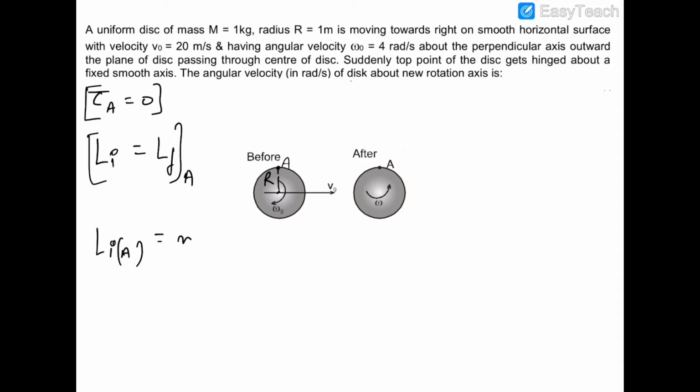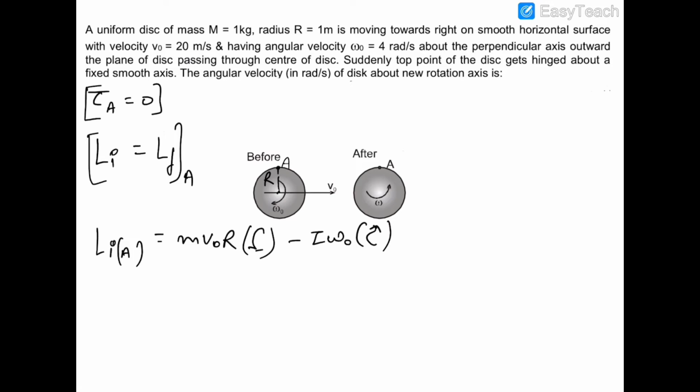But this disk is also rotating about its center, so its rotational angular momentum is I omega, but in clockwise sense. This is very important to note: I omega is in clockwise sense while m v r is in anti-clockwise sense.